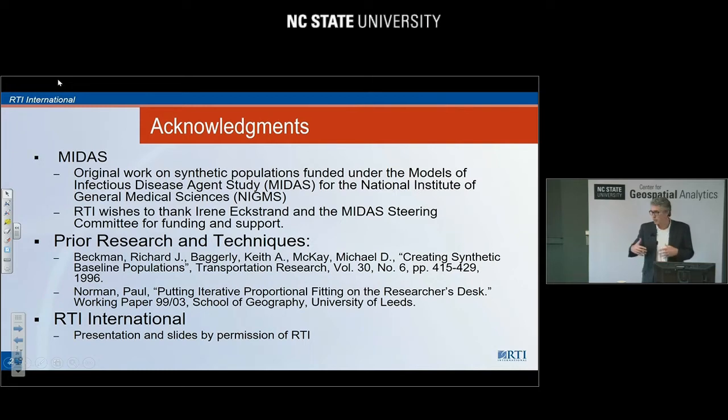It was a large grant project that funded the initial development of this data set. We are also indebted to some prior research done in the late 1990s by a group at Los Alamos National Lab that was developing complex transportation modeling software, and some of the work they did on synthetic populations is what we're putting to use here. And then RTI gave me permission, even though I'm not officially on staff there, to use the materials here today, so I appreciate that.